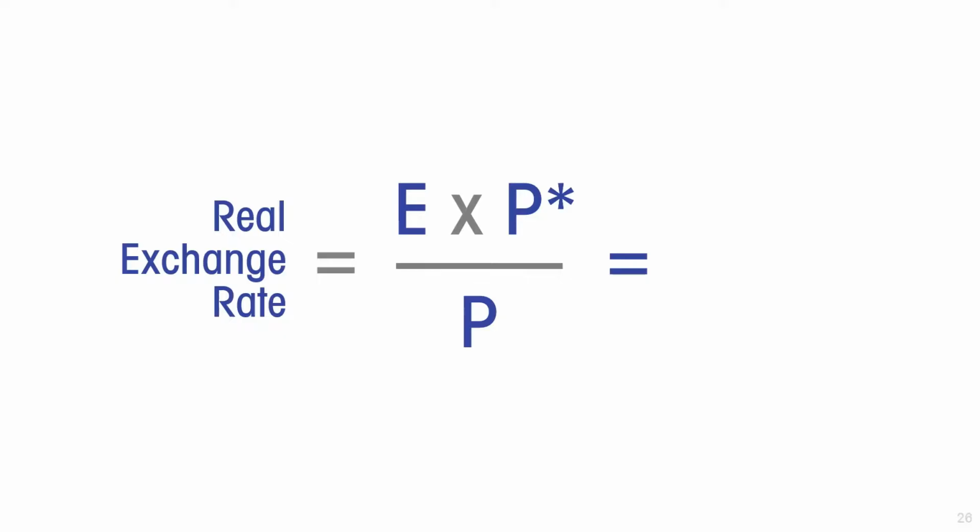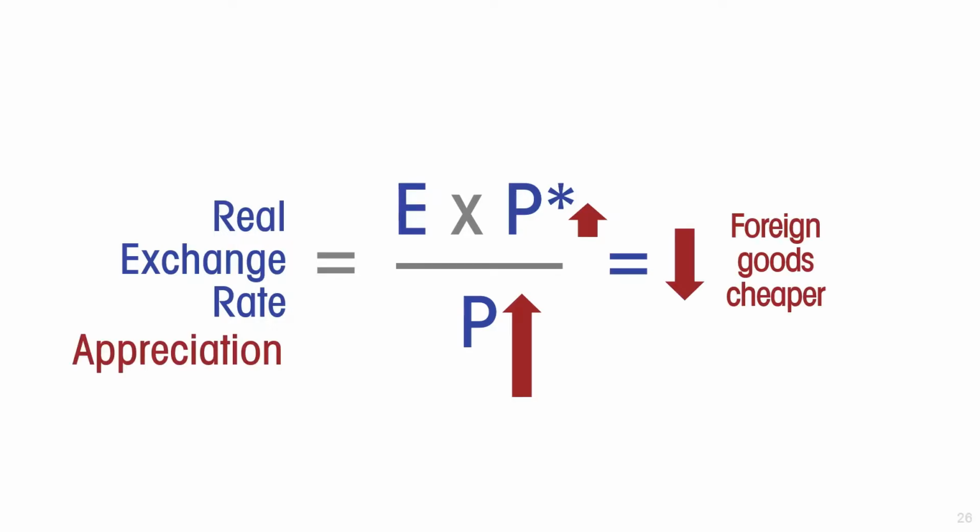If the nominal exchange rate doesn't change, for whatever reason, then if local inflation is higher than inflation in the US, then that tells us that over time, foreign goods are getting cheaper relative to local goods. And that's a real exchange rate appreciation.